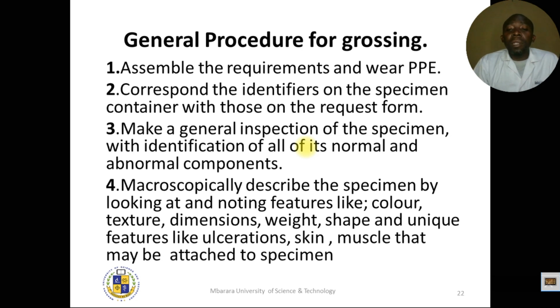You need to identify the skin if it's there, and muscles that may be attached to the specimen. It is also very important that you identify them and you note them down.